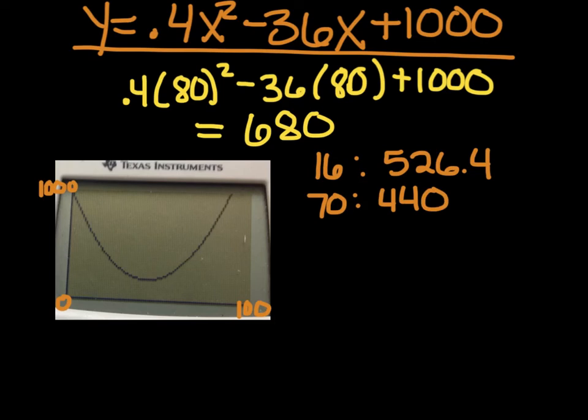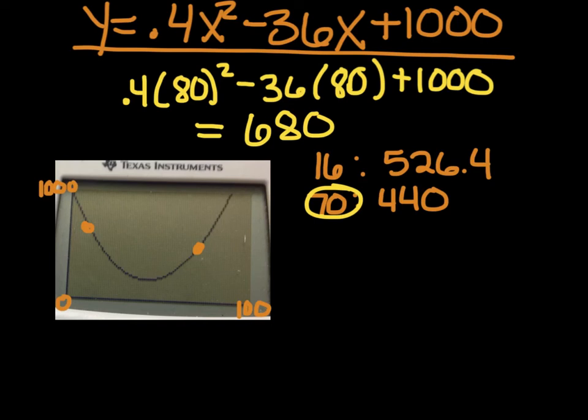See, 70 is going to be over here somewhere, 16 is going to be over here somewhere. So who has more accidents? The question is, who has less accidents? Less accidents would be the 70-year-olds. But not by much, huh?